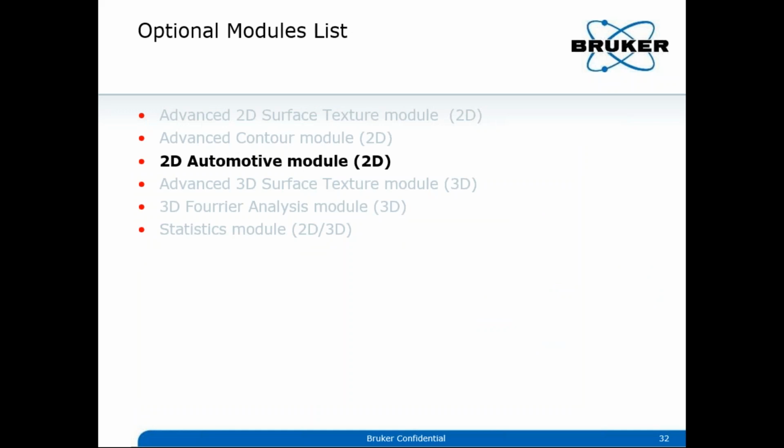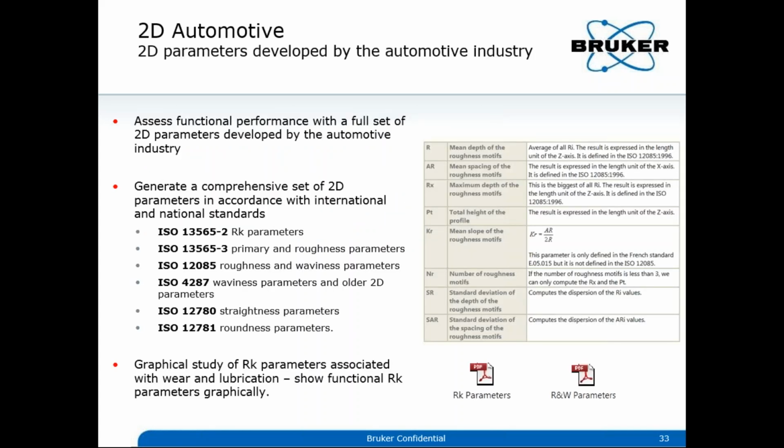The third module I'm going to talk about is the 2D automotive module. In the automotive industry, most of the measurement uses a 2D method, and some may use a 3D method to scan the data, but you can extract the 2D data from the 3D data and then do the analysis using these modules. In this module, all the ISO compliant parameters needed for automotive are listed here.